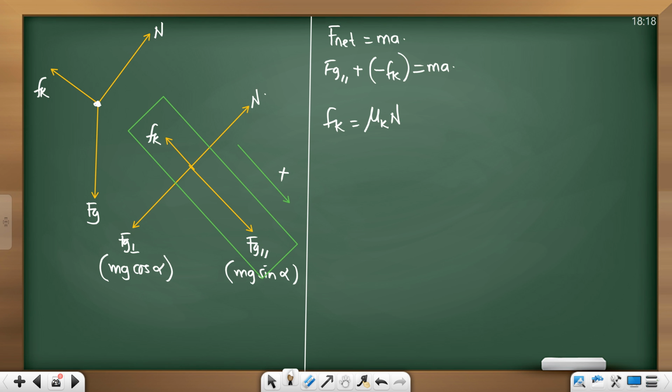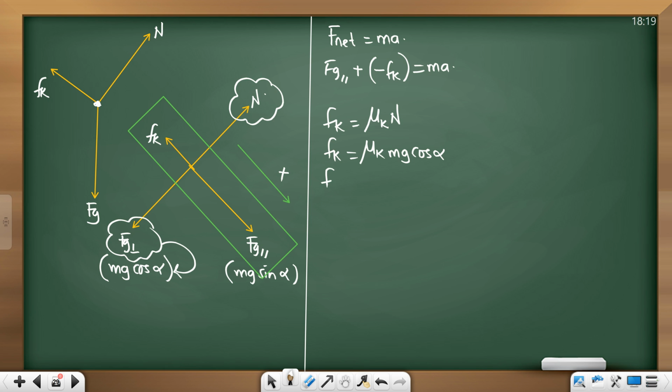Right? Do we know the frictional force? No. But this one is also equal to what? mg cos alpha. That's our normal force. The normal force is equal to F_g perpendicular, which is that.